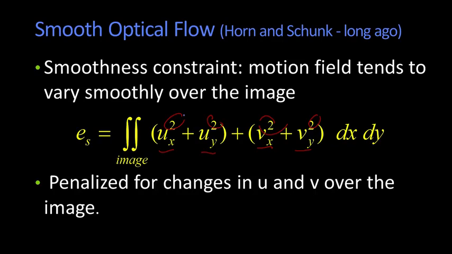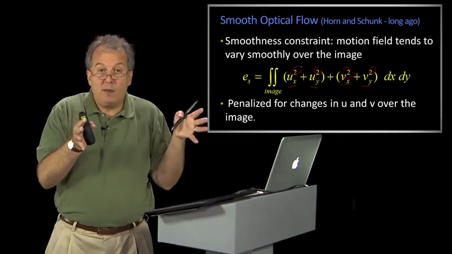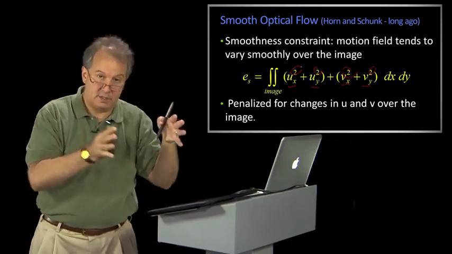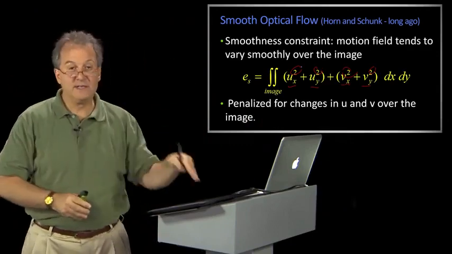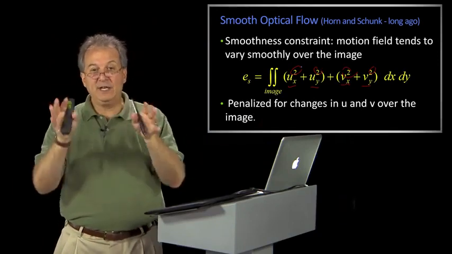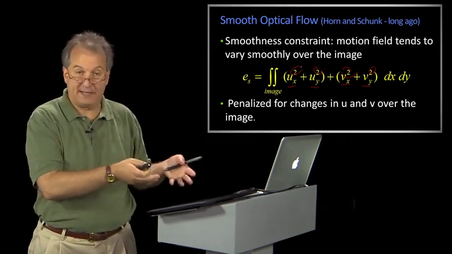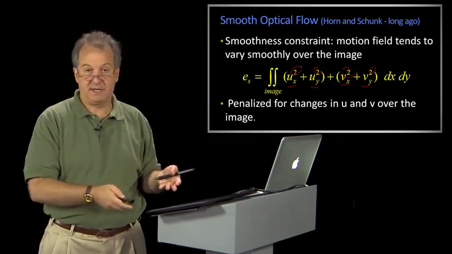What would it mean for this to be 0? It would mean that all the u's were constant, the same value, so the derivatives would be 0, and all the v's would be constant. So if all my pixels were moving with the same u, v, the whole image moving in the same direction, this value would be 0. Any other u's and v's will cause this term to have some value, and we want to minimize this.